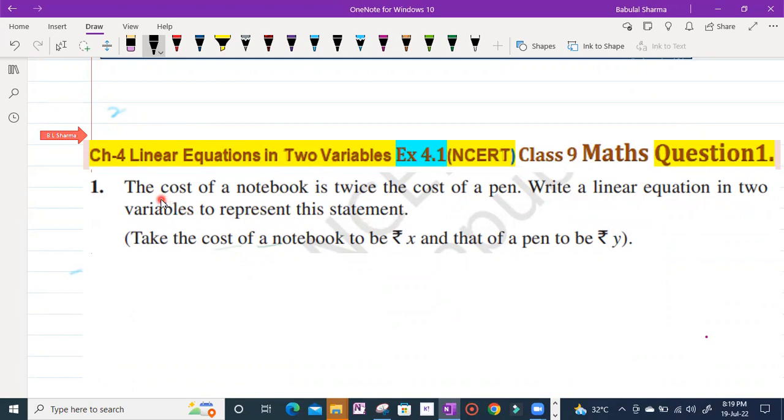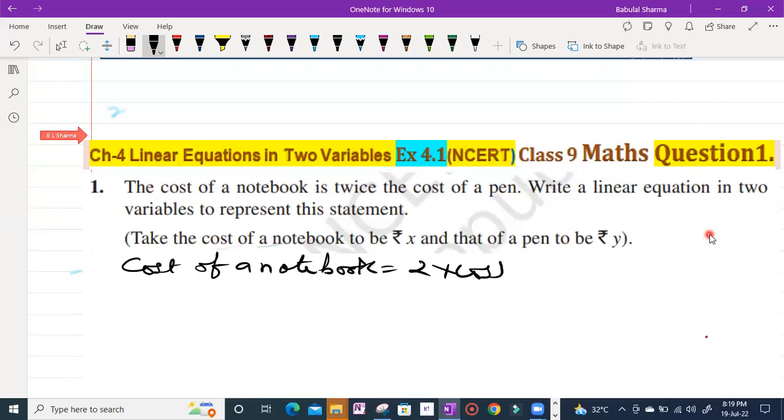इसमें given है कि the cost of notebook है वो एक पेन की cost का double है. So what is given here? That the cost of a notebook is equal to 2 times the cost of a pen.